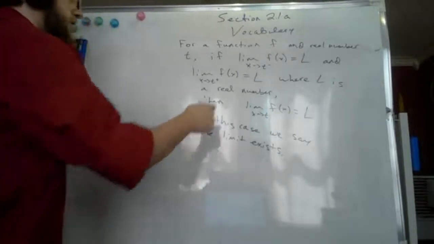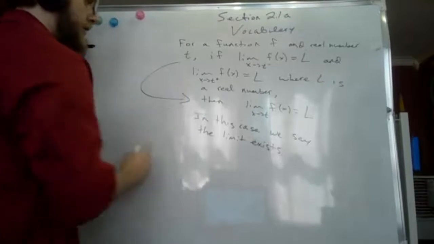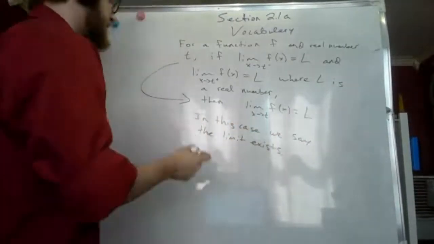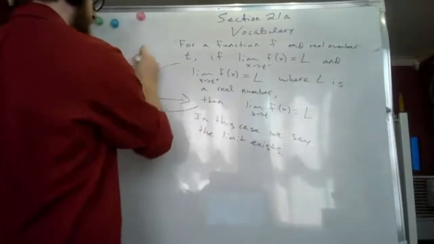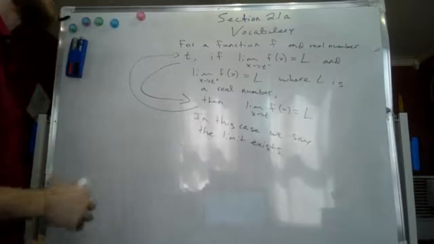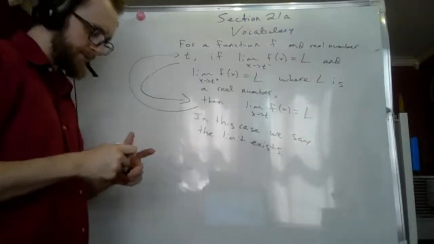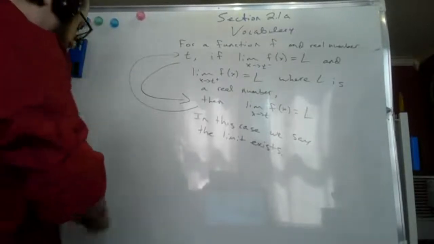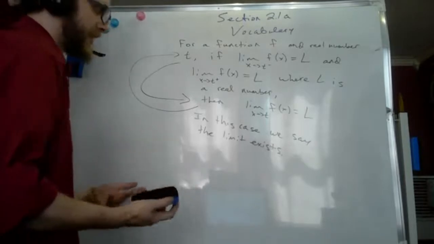If the limits from the left and right hand side are equal to each other, then the limit is equal to L. But vice versa, if the limit exists and the limit is equal to L, then the left and right hand side limits have to equal each other. So this is an important statement, and it's one we're going to need to keep in mind when we start talking about, does the limit exist or does it not exist?